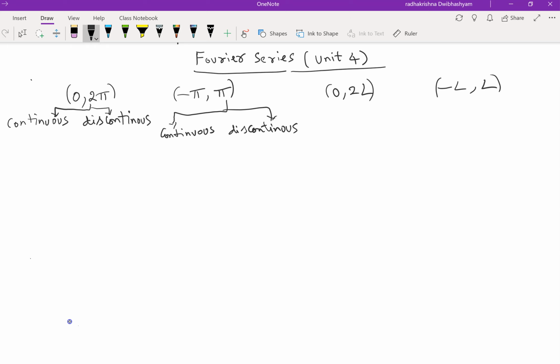But here in continuous function, you can observe three types: even function, or odd function, or neither even nor odd.